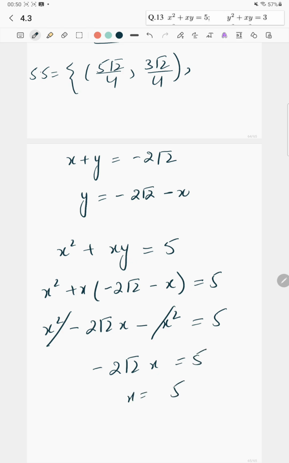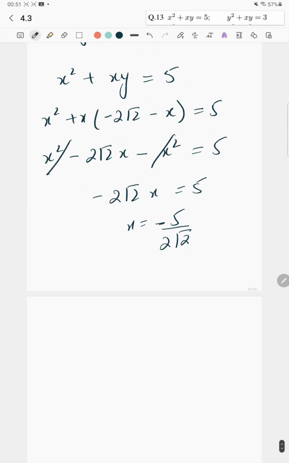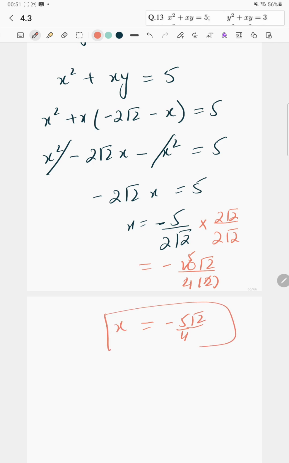So x is equal to 5 over 2 square root 2 with the sign of negative. Now because we need to remove the radical sign, we are going to multiply with the same number and divide with the same number. So it's minus 10 square root 2 over 2 times 2 is 4 into 2. 5 times 2 is 10, so I have minus 5 square root 2 by 4 for x.